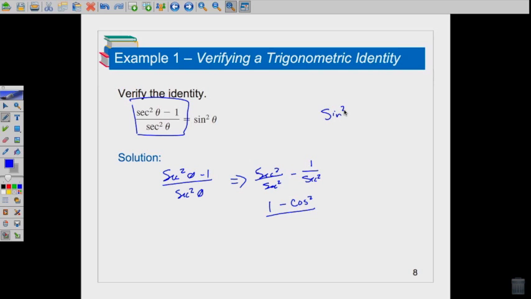If I rewrote sine squared plus cosine squared equals 1 in a way where sine squared was by itself, I would be subtracting cosine squared. So sine squared equals 1 minus cosine squared. So I have effectively simplified the left side of the equation down to sine squared. So now I can simply say sine squared equals sine squared, verified.